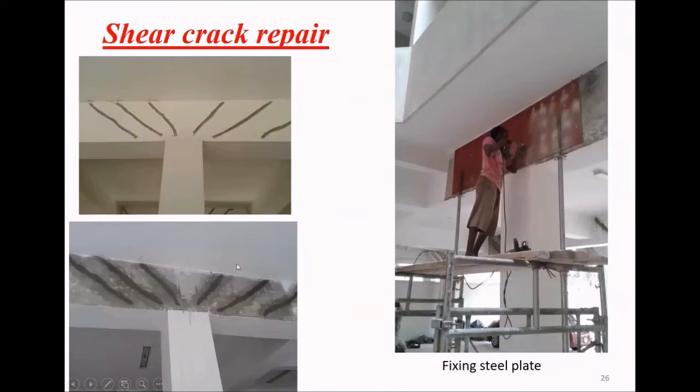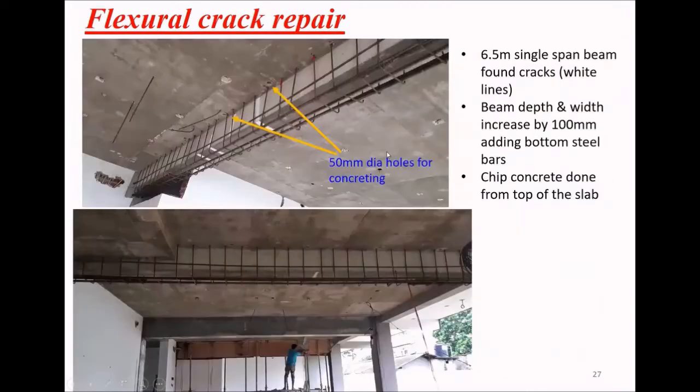These are the shear cracks, and we rectify these cracks, and with the consultant engineer's advice, we apply this kind of steel plate to transfer these shear loads to the column. And this one is an example of one case for the flexural cracks. You can see this white color one we mark here. These are the crack lines exactly in the middle area of the beam.